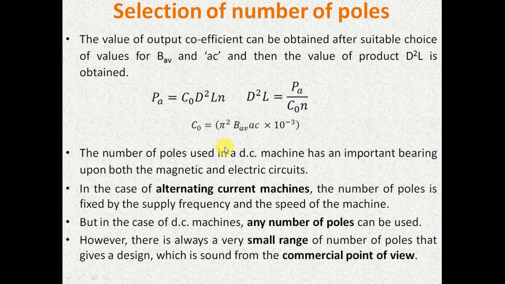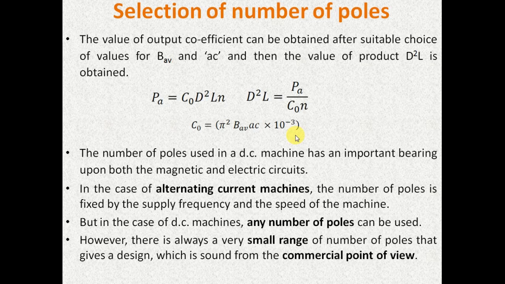From the relation of specific magnetic loading, B average is equal to P phi divided by pi dl, it's very clear that this specific magnetic loading has a dependency on the number of poles. Similarly, from the standard relation of AC, that is IZ into Z divided by pi d, where IZ is the current flowing through each conductor, and this current can be determined by dividing the armature current by the total number of parallel paths.